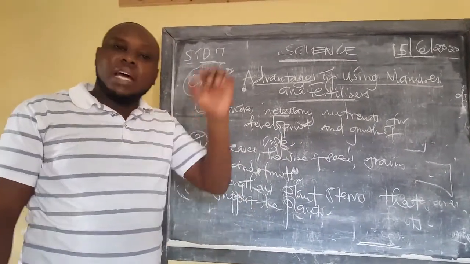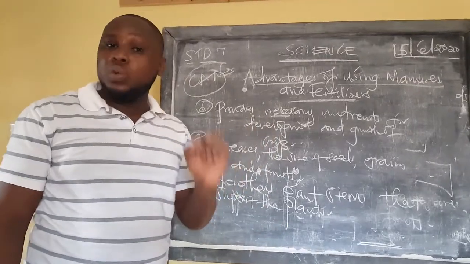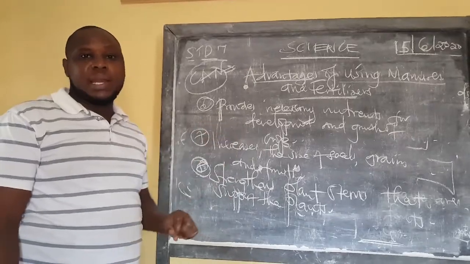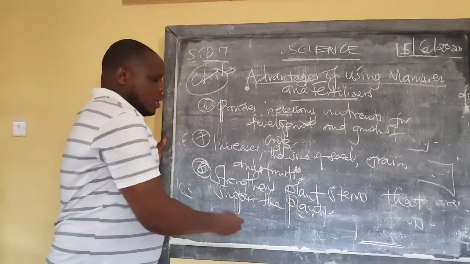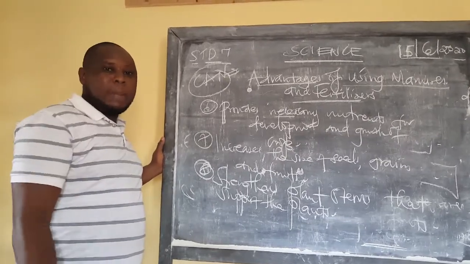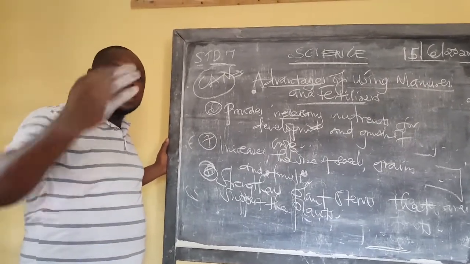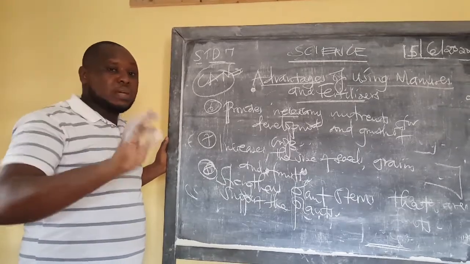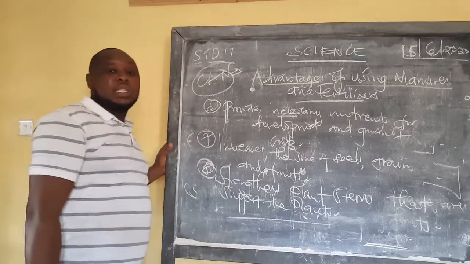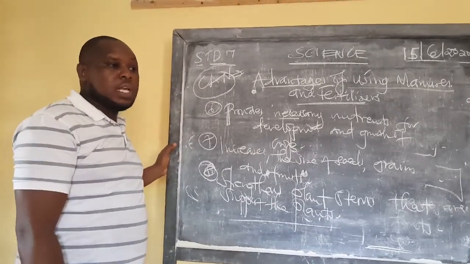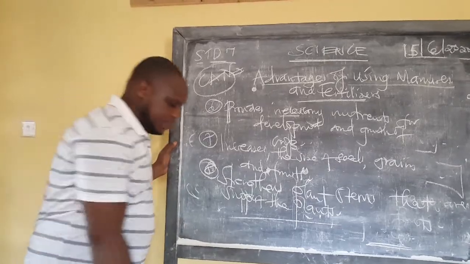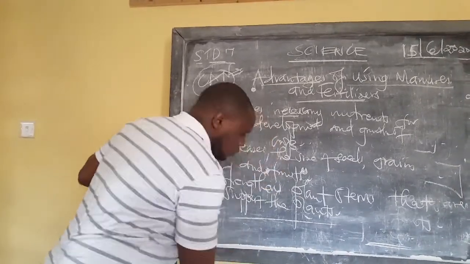That simply means that farmer did not apply manures and fertilizers at the beginning when planting. Meaning that sometimes it grows to a certain height and then it will fall down. It's not able to even support its branches. The stem is not able to support its branches, and therefore that particular plant will not reach maturity and will never bear fruits, because at a certain height it will just fall down and that will be the end of that particular plant.